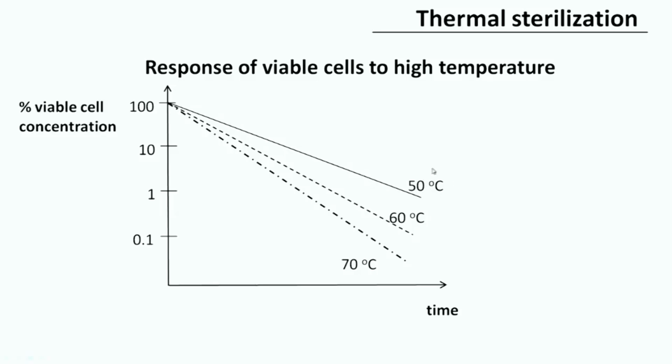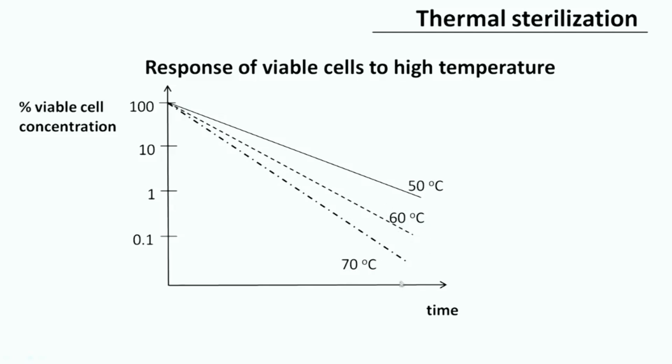There are some thermophiles that grow well at higher temperatures, but let us not consider them for the time being. If it is at 50 degrees C, then the viable cell concentration decreases linearly with time. At 60 degrees C, again the response is linear, but it is steeper, it gets killed faster.